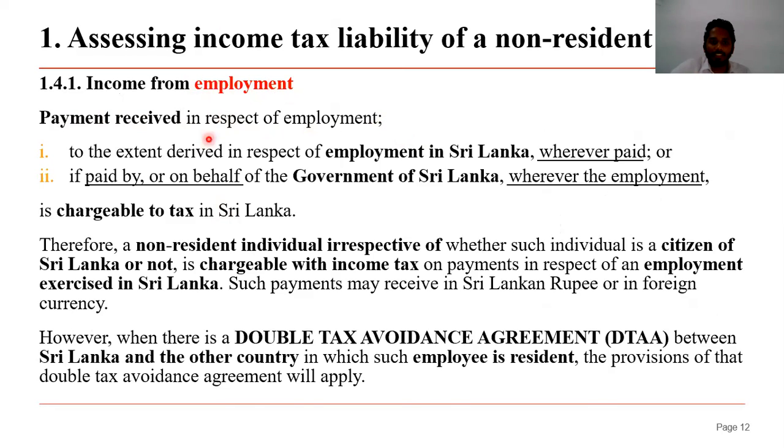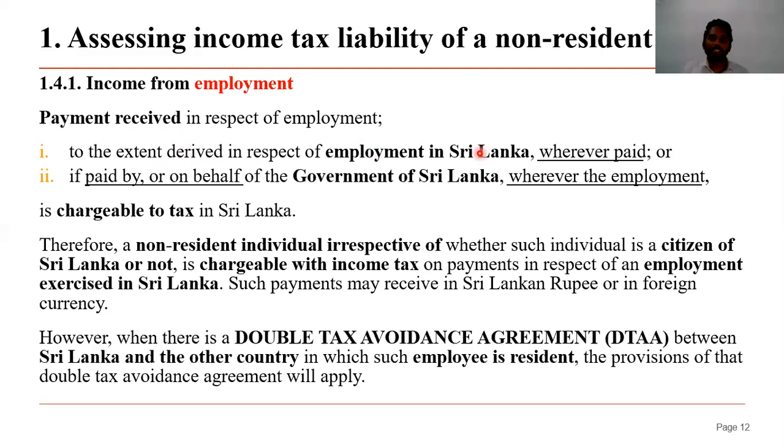So I need to emphasize here: payment received because of employment, to the extent derived in respect of employment in Sri Lanka. Here, see the words employment in Sri Lanka.